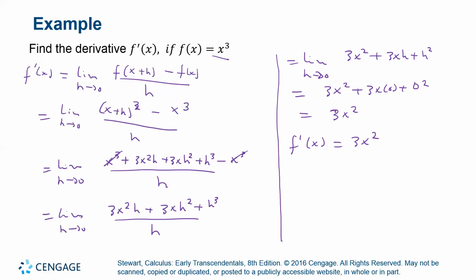This is actually the slope, basically the slope of the tangent line, not at a point, but at any point on the curve.